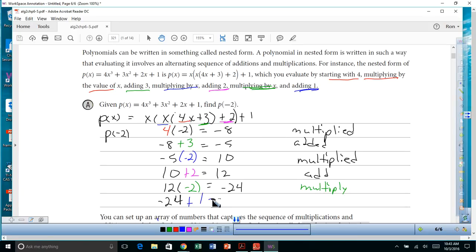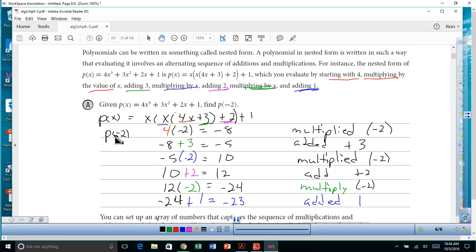Negative 24 plus 1 gives you negative 23. So we added 1, multiplied by negative 2, added 2, multiplied by negative 2, added 3, and multiplied by negative 2. So there are our steps. Does this work?